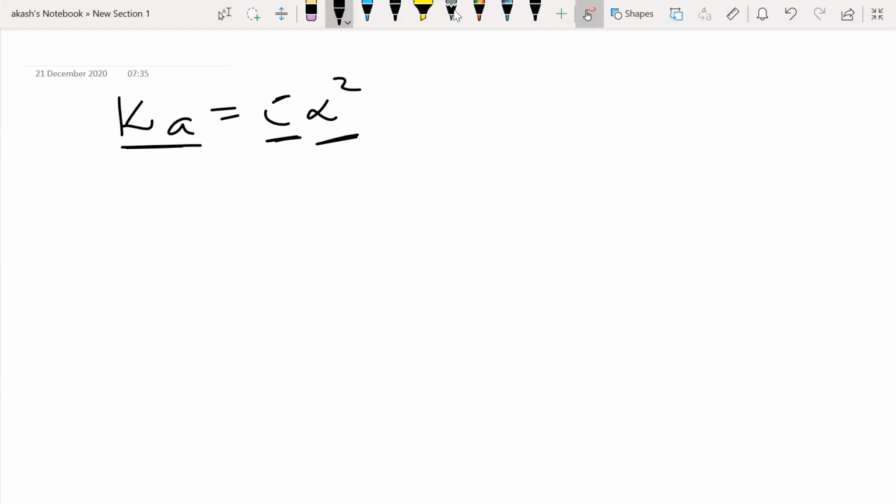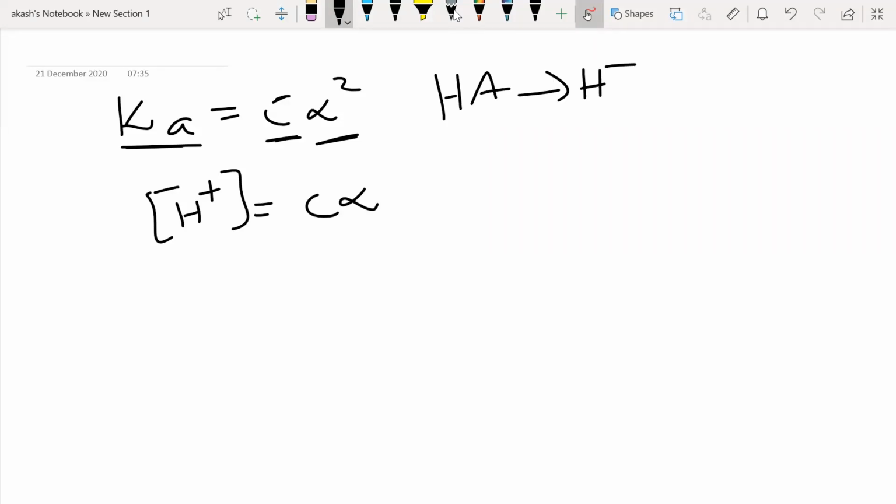They have given me pH. Now hope you remember the H plus concentration from the acid is going to be equal to C alpha. Hope you remember how this comes. I have HA giving H plus and A minus.